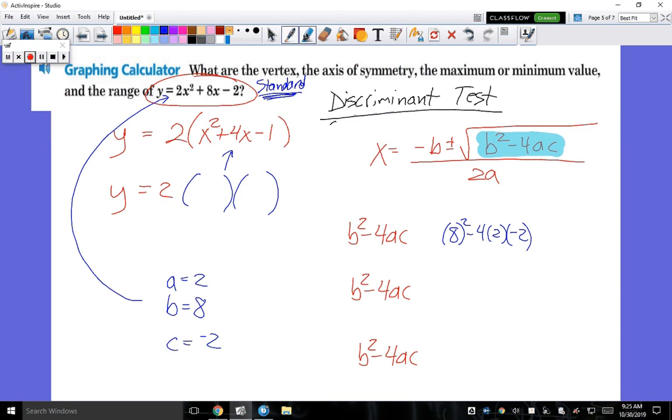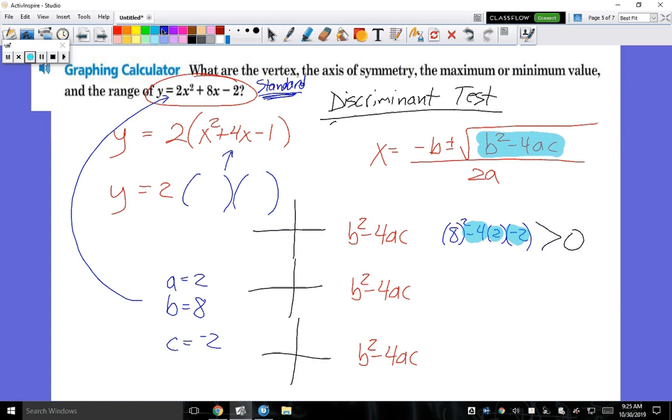What's negative 4 times 2 times a negative 2? A positive 16, right? So 64 and a positive 16, the only thing that we care about is that it's going to be a positive number. You with me? Okay.